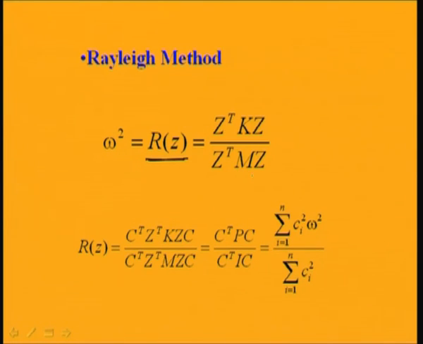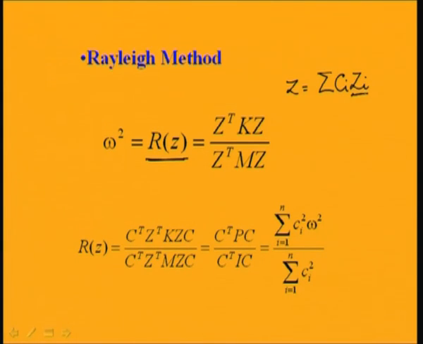So, I can write z as a summation of vectors, summation of C i Z i, where Z is a matrix.